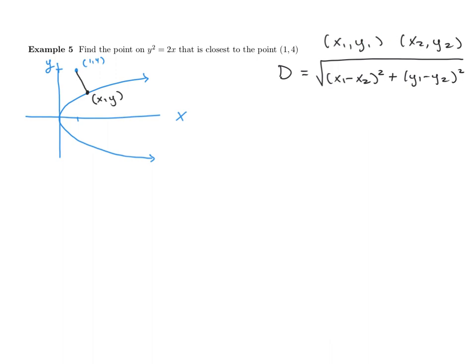And for our problem, we're given the 2 points as 1,4, and the other we can just call xy. Let's put that information into this formula. So here we have D. It's equal to the square root of, if you take the difference of the two x values, I'll say x minus 1 squared plus, and I'll do y minus 4.